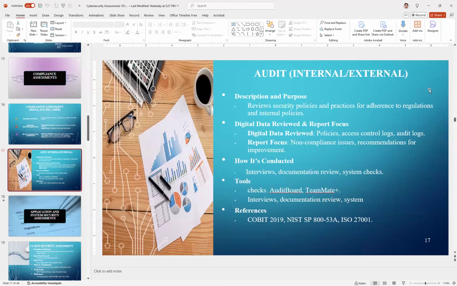Your digital data reviewed are all the policies, access control logs, audit logs, and you will report any non-compliance and you will provide recommendations for improvement by a certain due date when you come back and re-audit and check what they've completed and fixed.